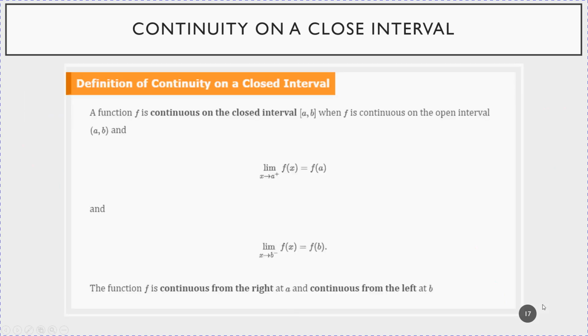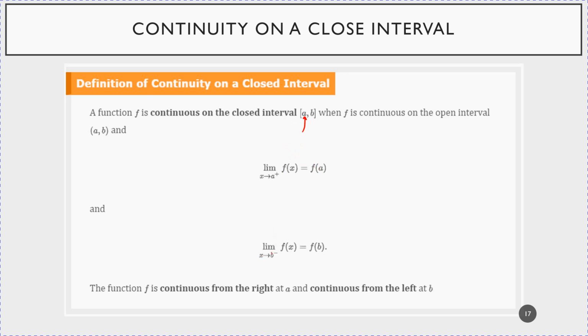Let's talk now about continuity on a closed interval. We've looked at an open interval in the definition of continuity at a point. A function f is continuous on a closed interval when f is continuous on the open interval, and the one-sided limit as x goes to a from above of f of x is equal to f of a, so you can just plug it in.